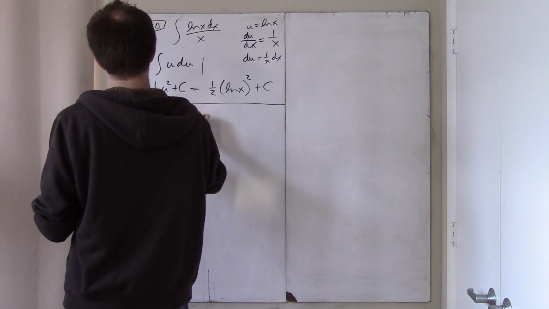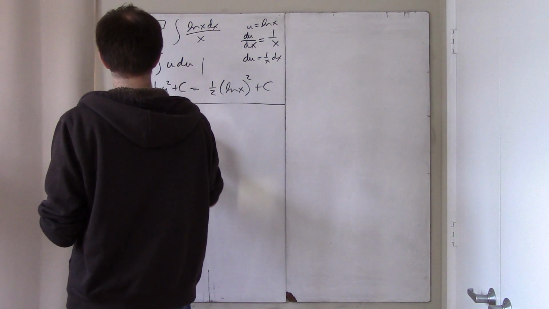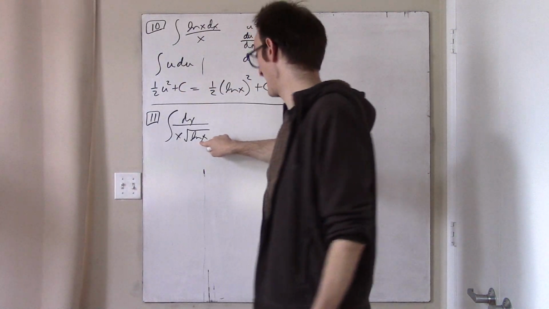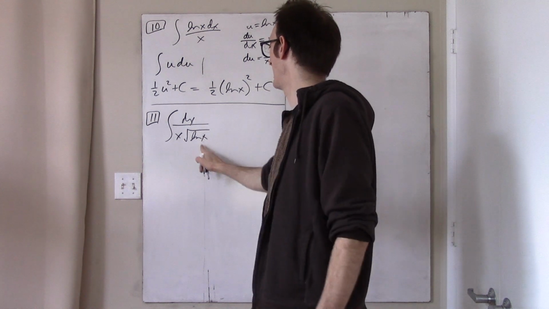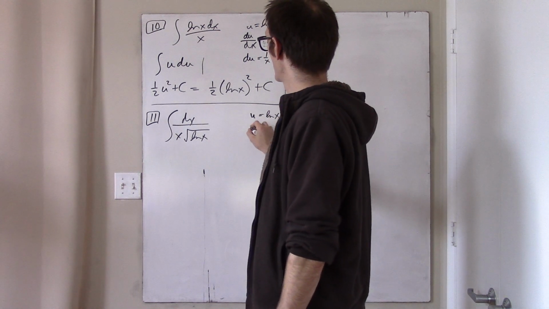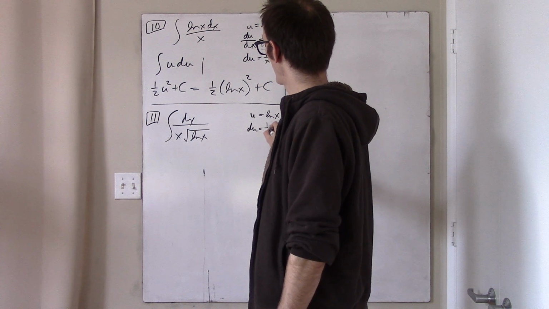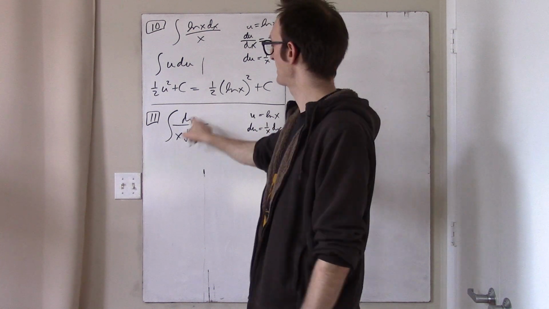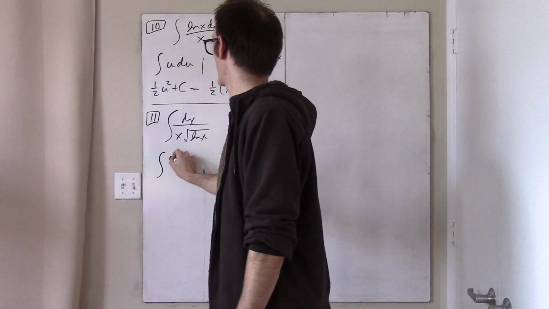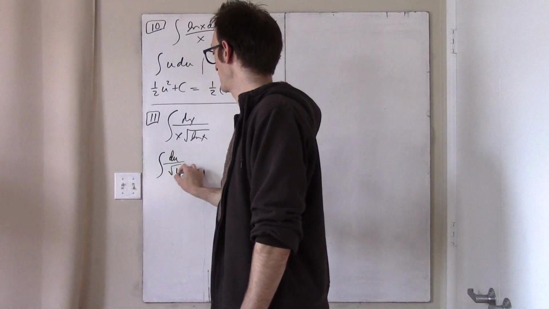Okay, good. 11 is almost the same problem. It's dx over x root ln x. Well, once again, does it look like some chain rule happened here? Yeah, it does. Because if I let u be ln x, then du is 1 over x dx, and that's what's just right there. And so this whole thing becomes du over root u.